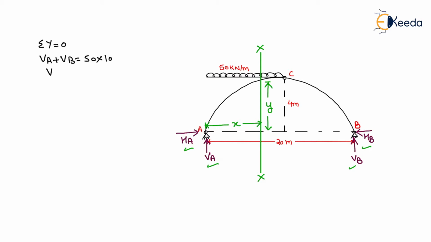So VA plus VB will be equal to 500 kilonewton. That will be our first equation.